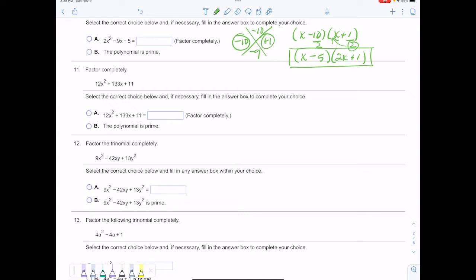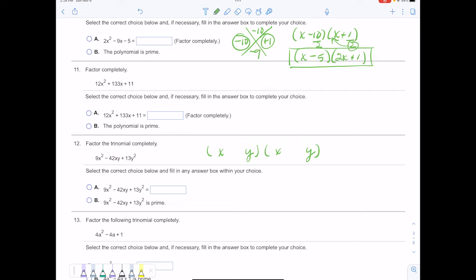I am going to show you how to do number 12, since number 12 has both an x squared and a y squared. So the only thing that's going to change is when you factor it, not only are you going to have an x, but you're going to have a y in the problem as well. Okay, so again, look for a common factor, and there's not one.